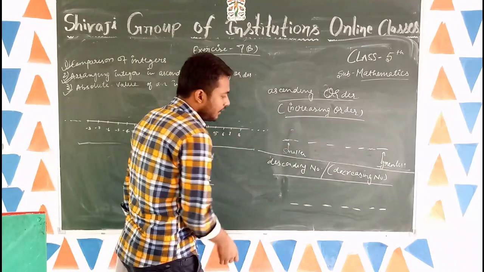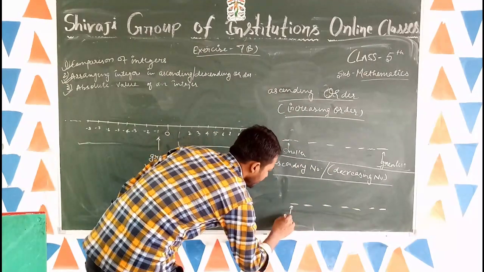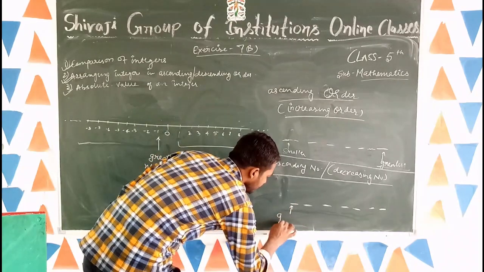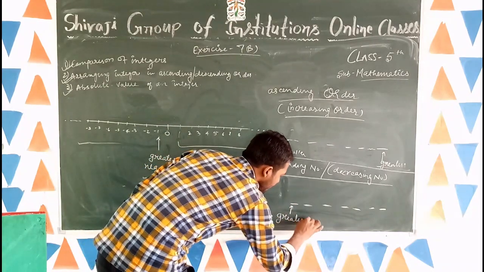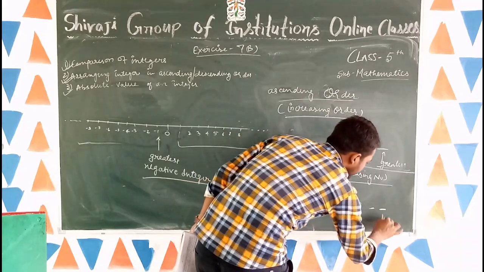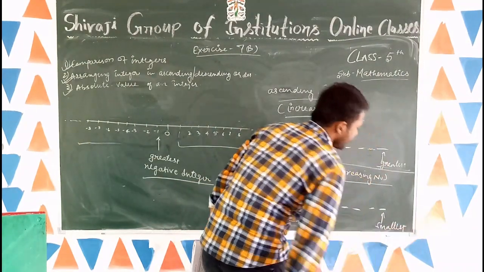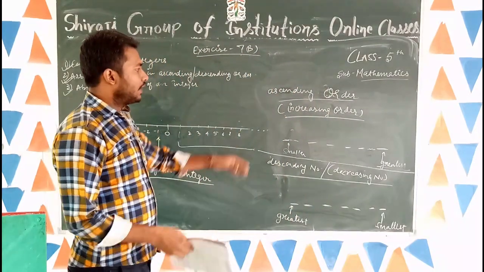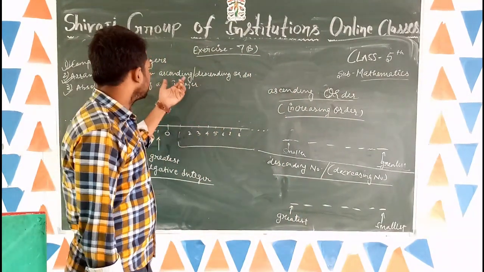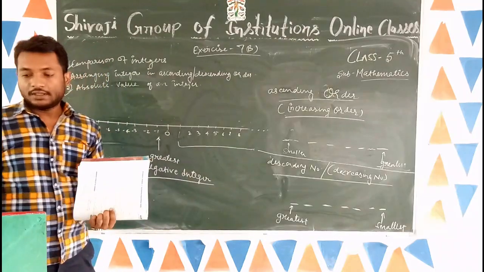If there are so many numbers, then the first position will be the greatest number, and the last one will be the smallest number. Okay students, so now we are going to solve questions regarding this concept.